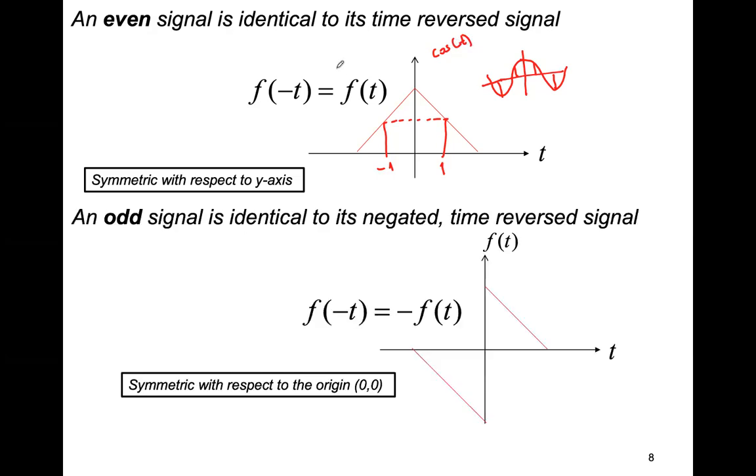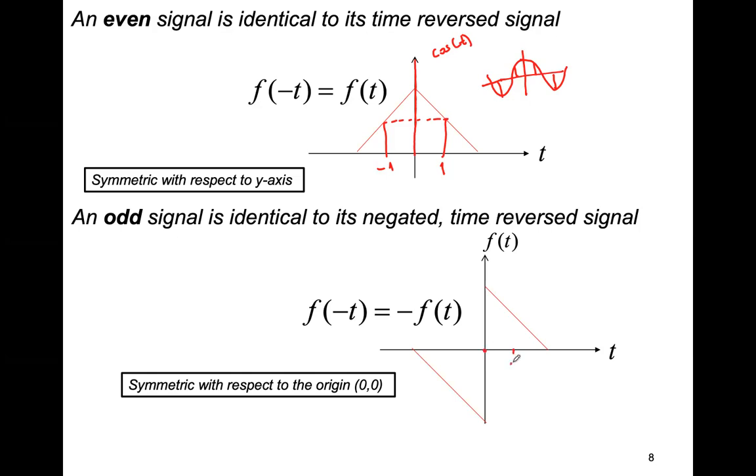If we talk about an odd signal, let me remind you, there is symmetry around the y-axis in even signals. So there is a symmetric situation. For the odd signals, the symmetry is around the origin, okay?